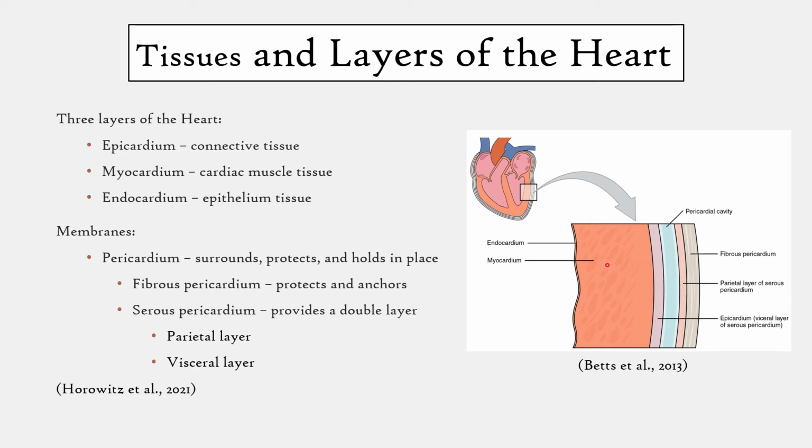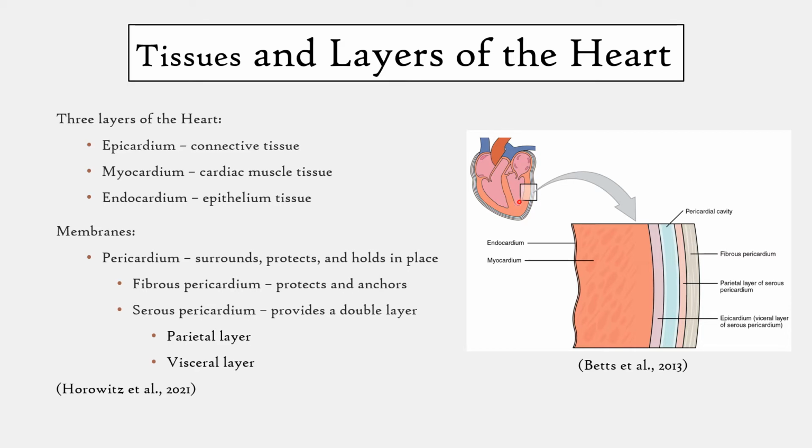The endocardium is located in the heart and lines the inside of the myocardium. So if we look at this diagram here, we can see that this would be the myocardium that consists of the cardiac muscle cells, and then in here, just inside this black line, would be the endocardium.